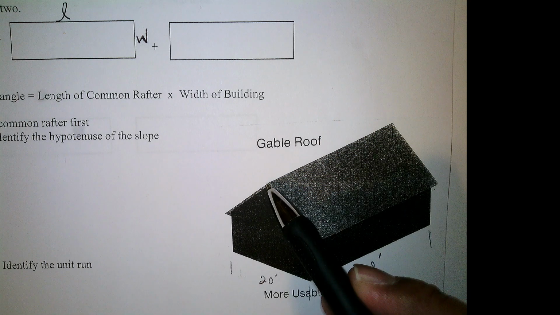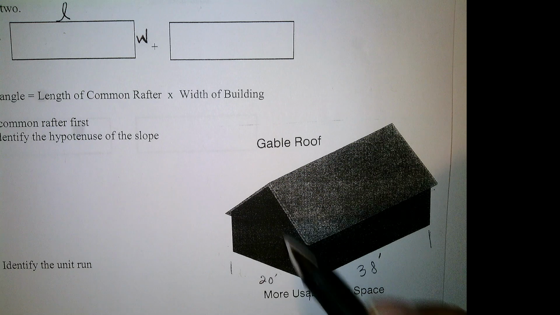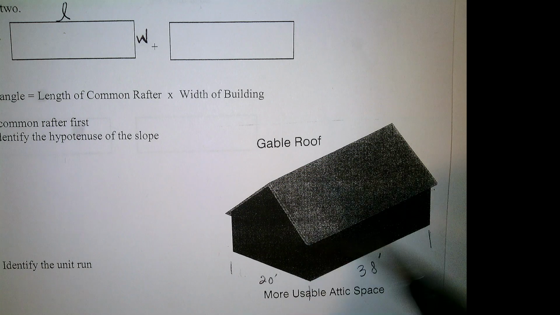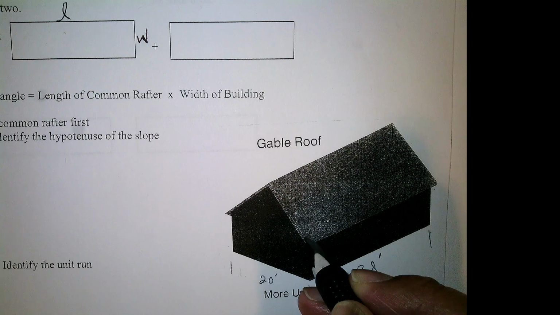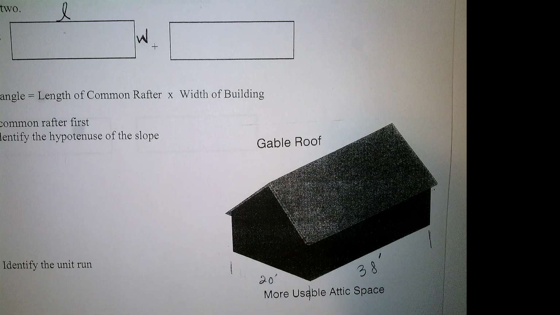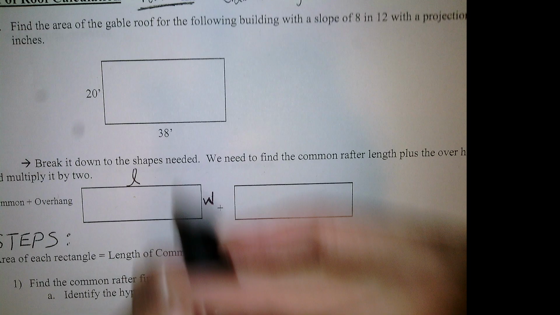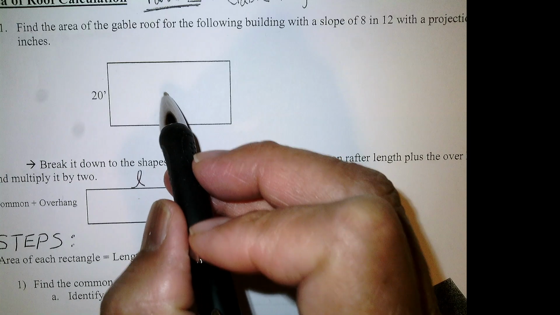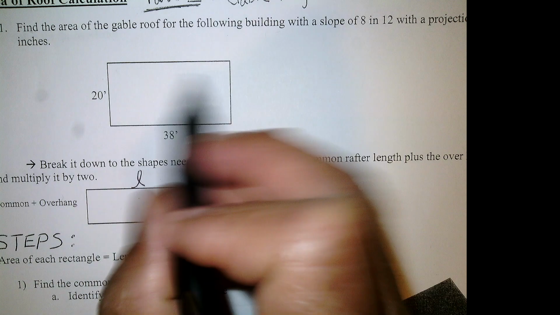Then the width is simply the common rafter length from here to here, plus, let's say that much is the overhang. So the first diagram here has nothing to do with the rooftop. It's just the bottom, the size of the house.